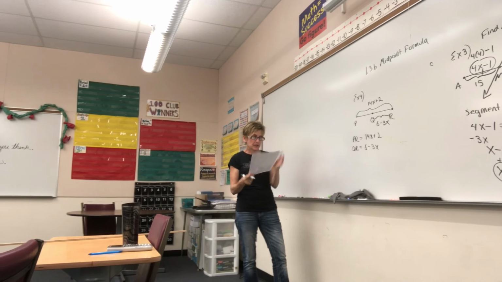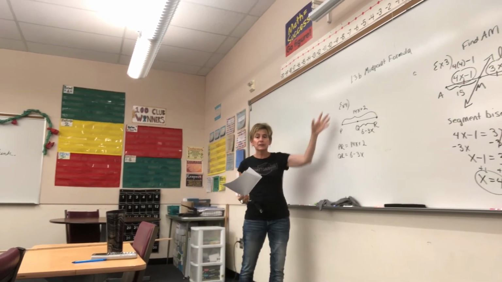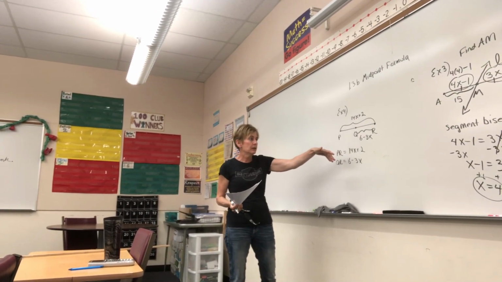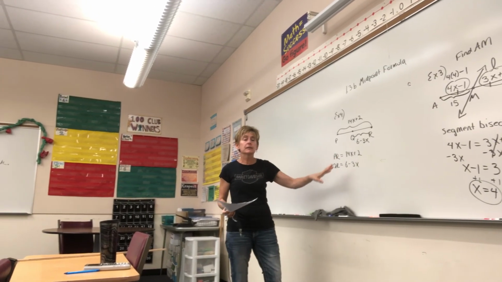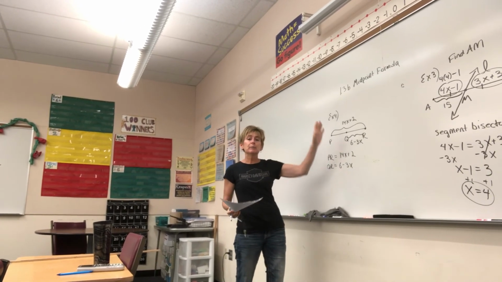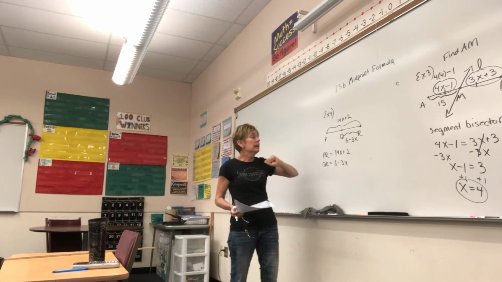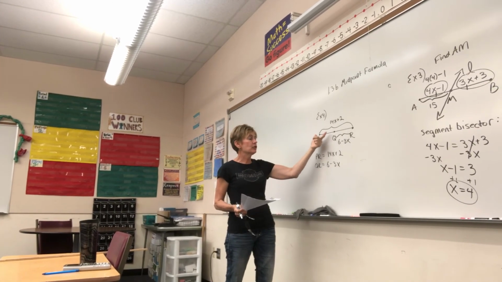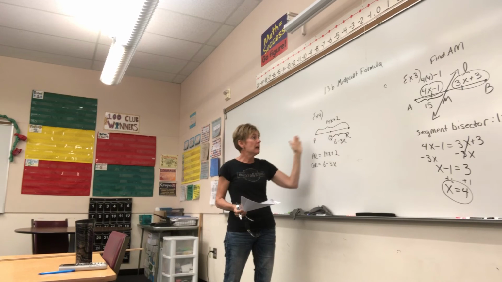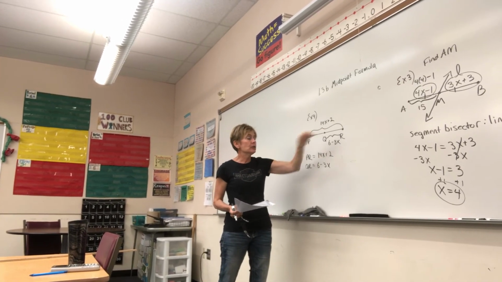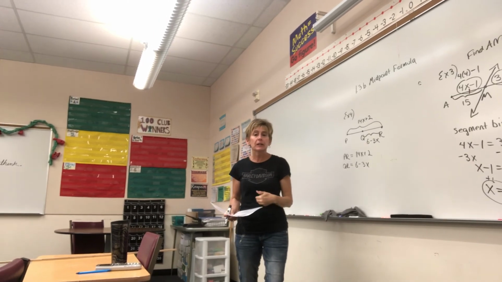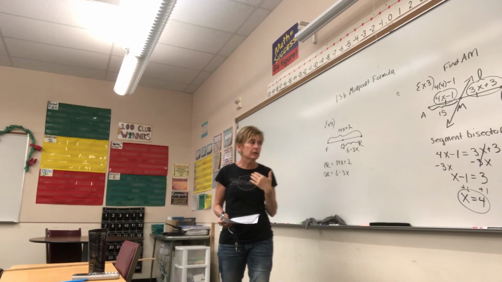Now some of you are thinking, we can't solve this problem because we don't have all the information. This is actually a great problem. It pulls together a bunch of lessons. We did talk about the segment addition postulate earlier. And what that tells us is we can take the two pieces of a segment, add them together, and get the length of the whole thing. This also uses the term I just introduced to you a minute ago, the term bisector.